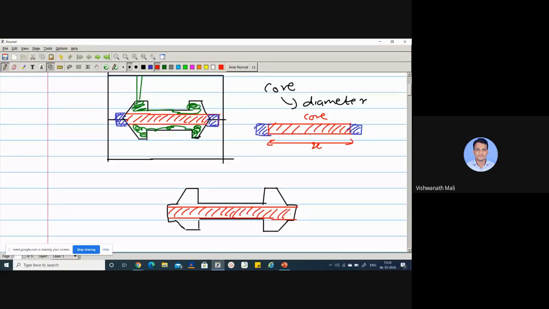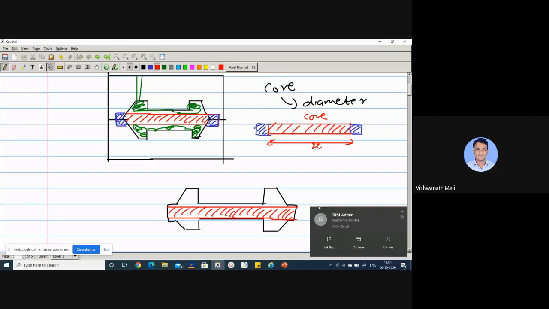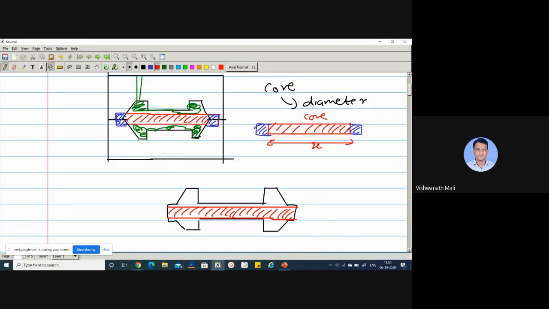So the core will get fitted into the casting. Now, after solidifying this part, we go for breaking of this core. We break this core and we get the hollow surface.